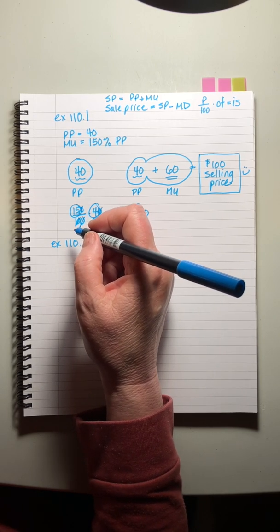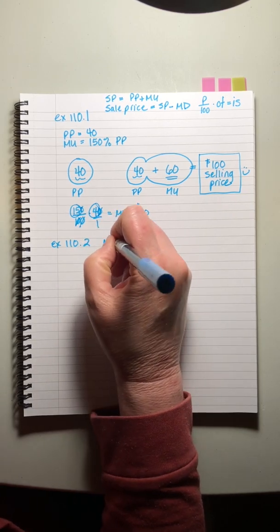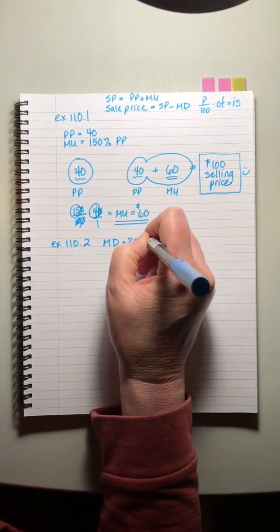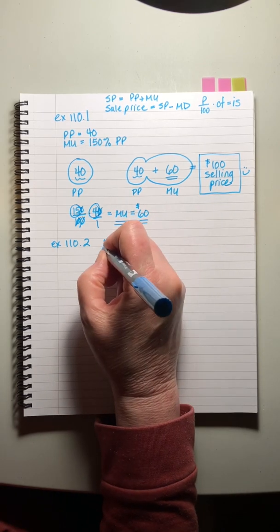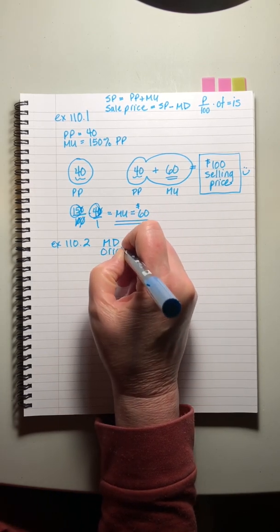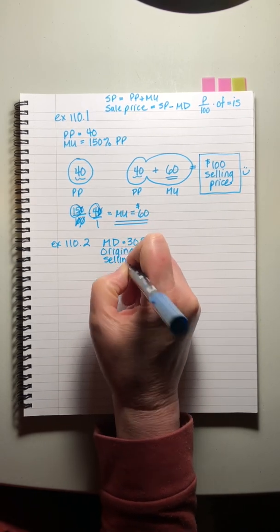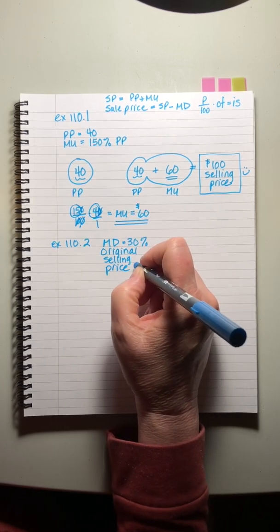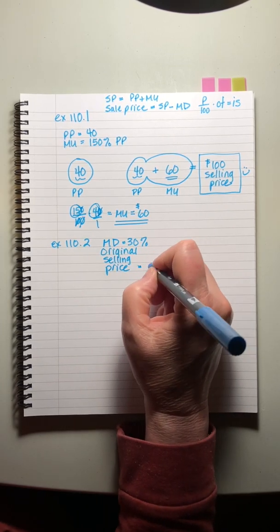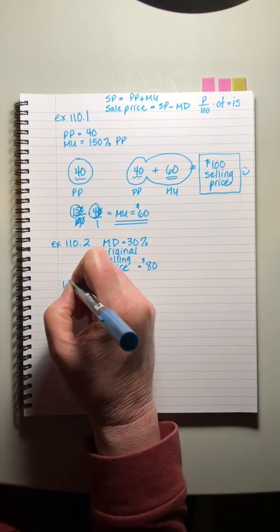Sybil saw that the coat was marked down 30%. If the original selling price was $80, what was the price now?